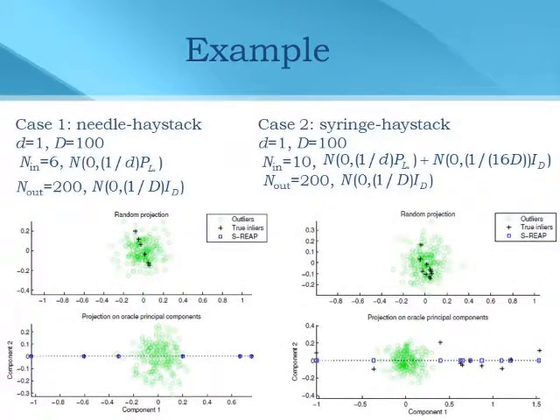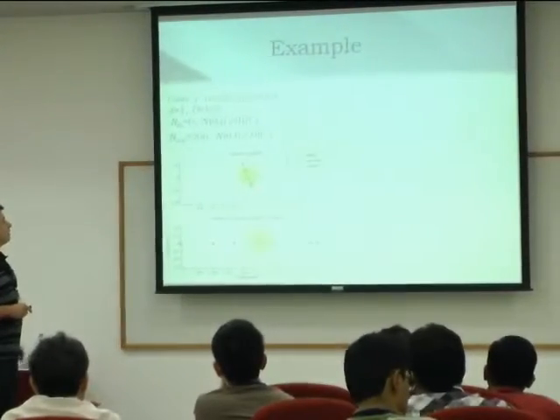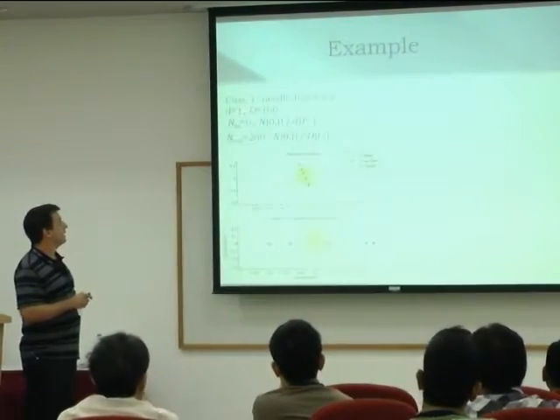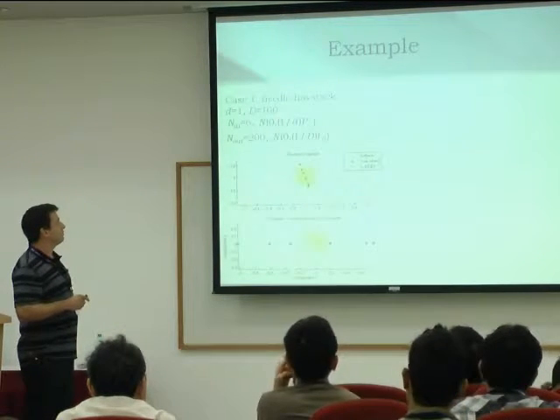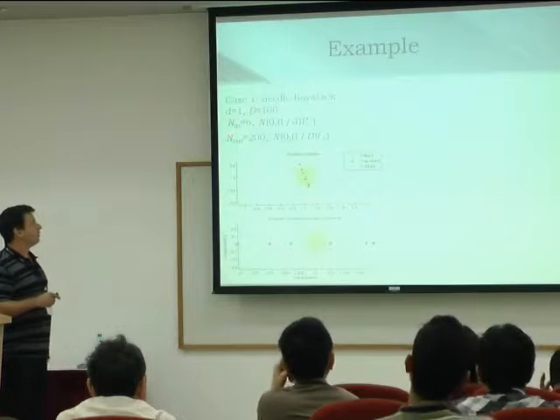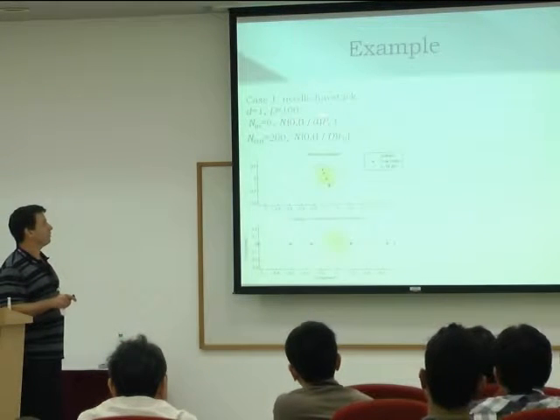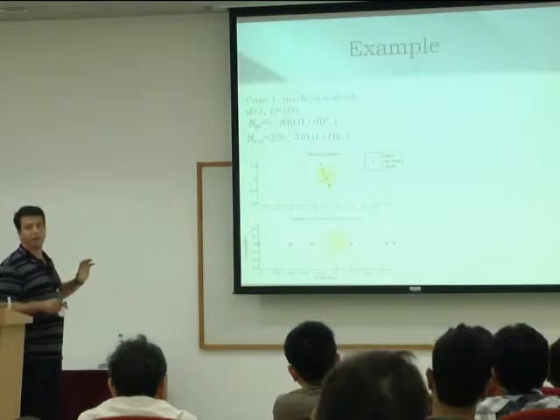Okay, so let me just give you some cartoon here. We created the needle: a line in 100 dimensions, with 6 points on the line drawn from a normal distribution, and then we have 200 outliers in the whole space.